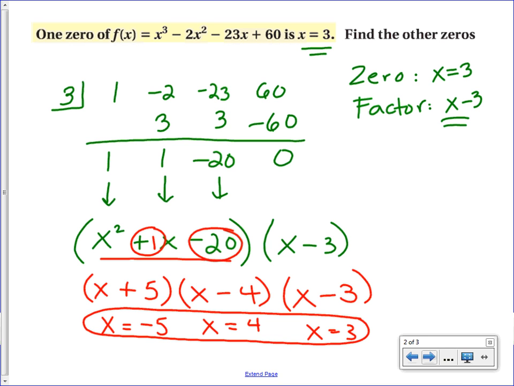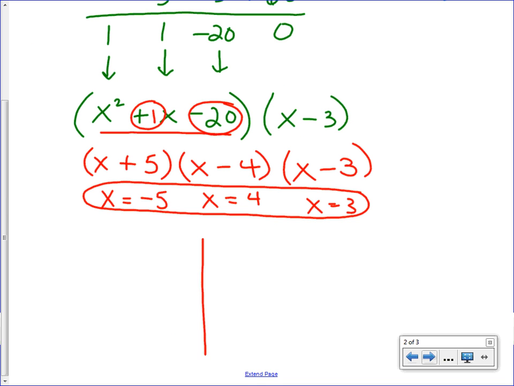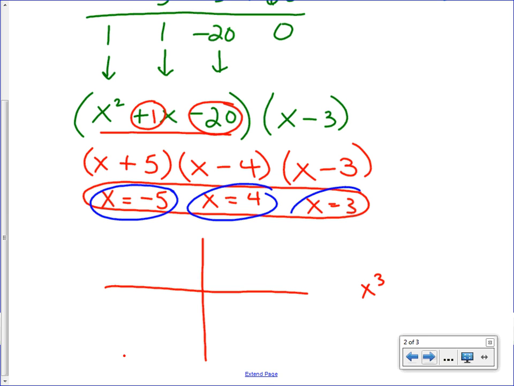Just so you understand what those 3 values are, if you were to graph this original polynomial function, you know it was an x to the third function, so it's going to start down low and end up high. But what it's going to do in between is pass through each one of these zeros on its way. So it's going to start from down low and pass through -5, which is right here.